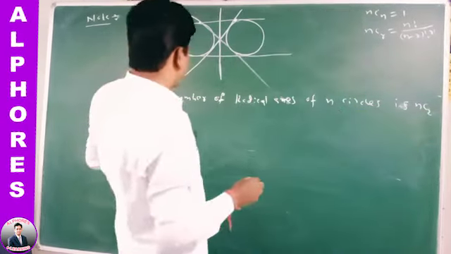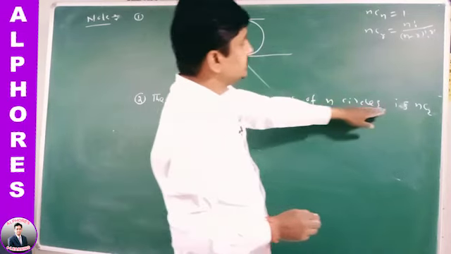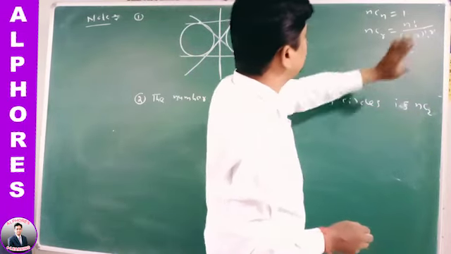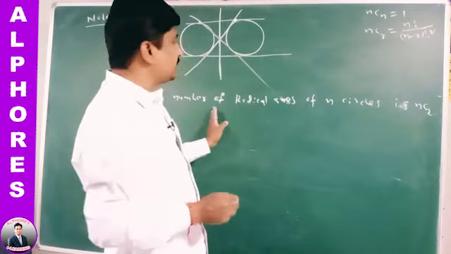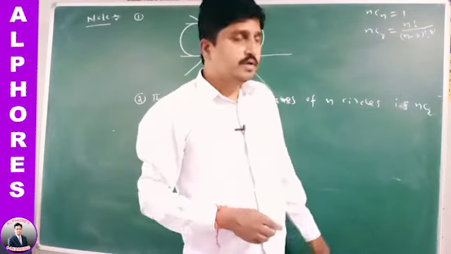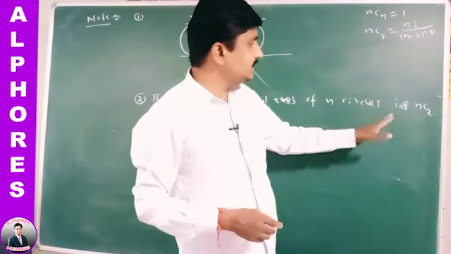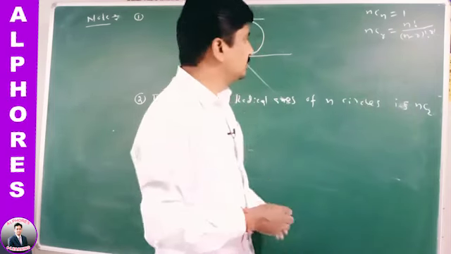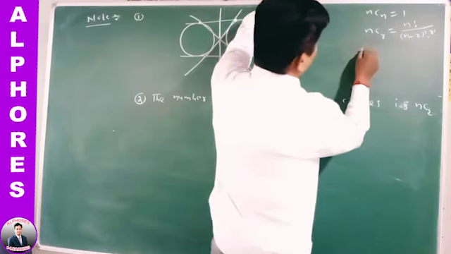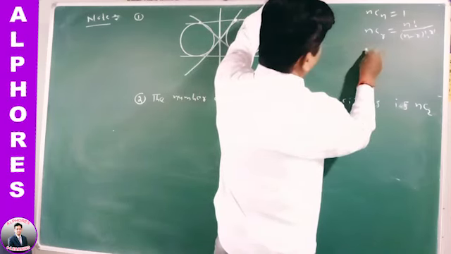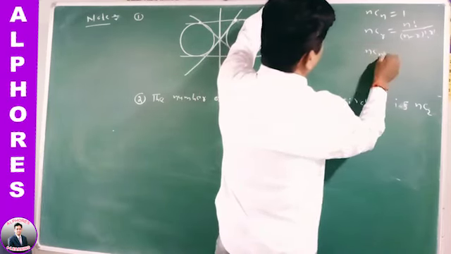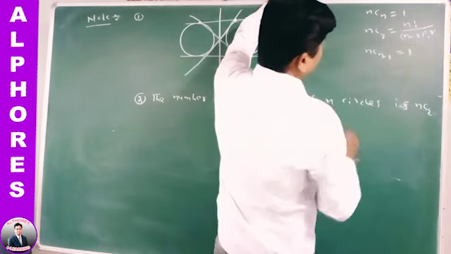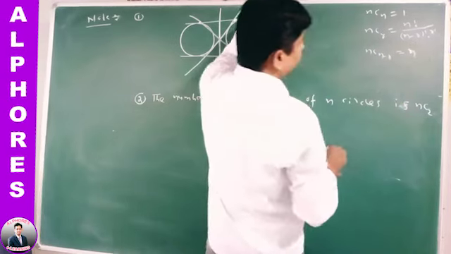Suppose the number of radial axes of two circles is 2C2, which is 1. The number of radial axes of three circles is 3C2, which is 3. nC(n minus 1) has the value n.